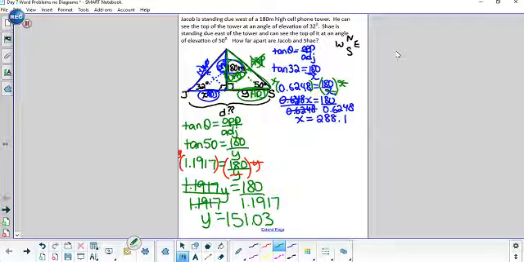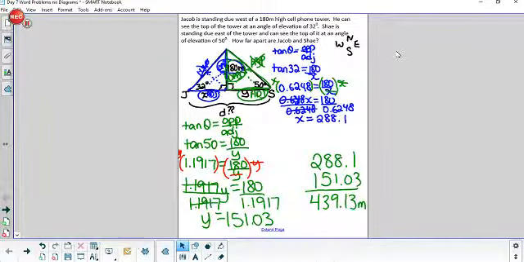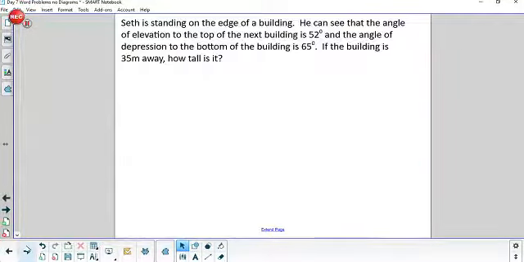Jacob is 288.1. To find the distance apart, you add their two distances together, and you will end up with 439.13 meters apart. So once you have your diagram drawn, the work is just what we have been doing in all of our previous lessons. So let's try one more of these.